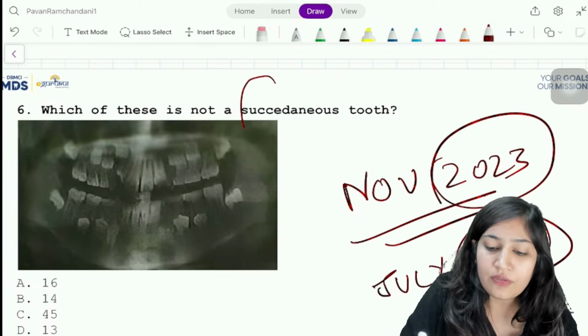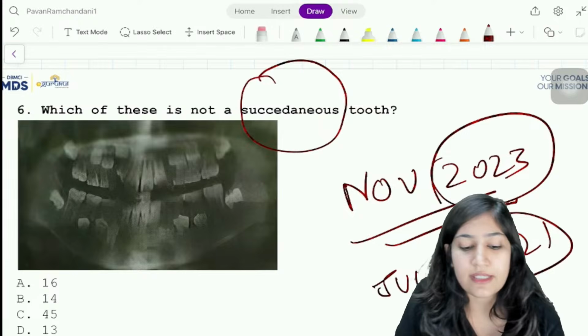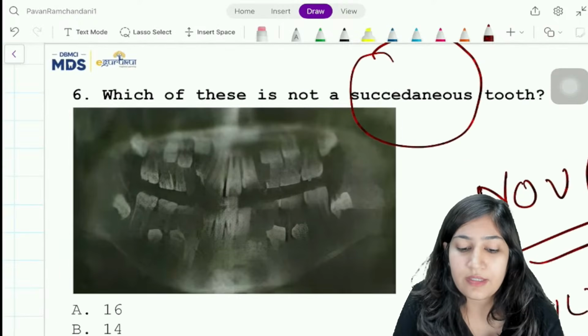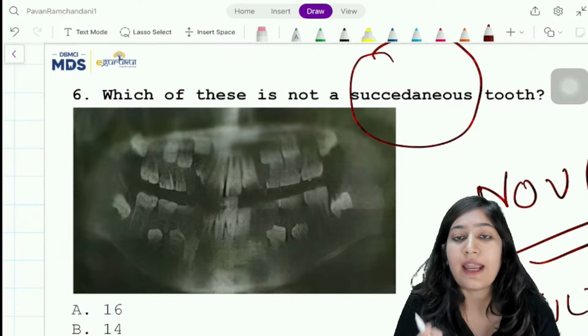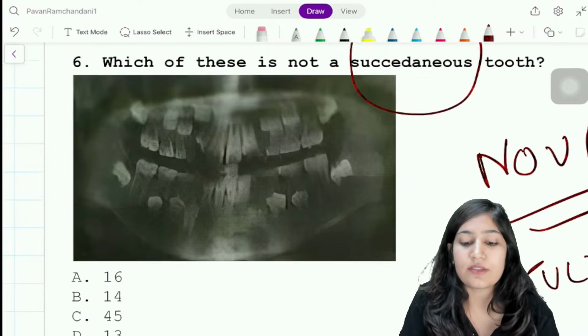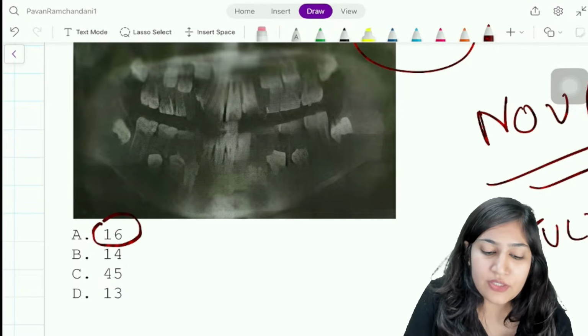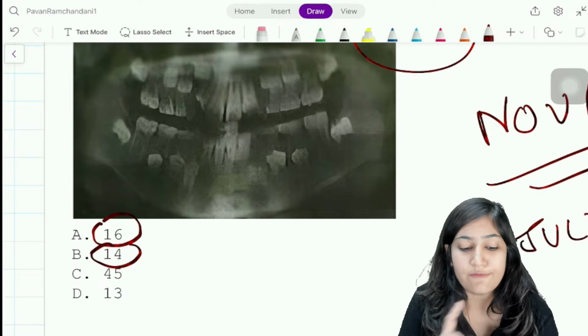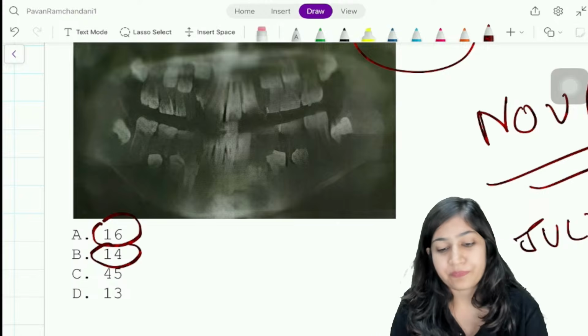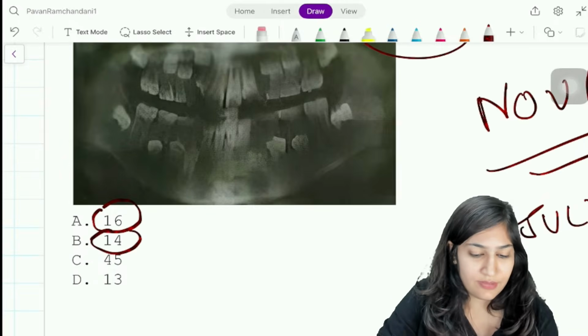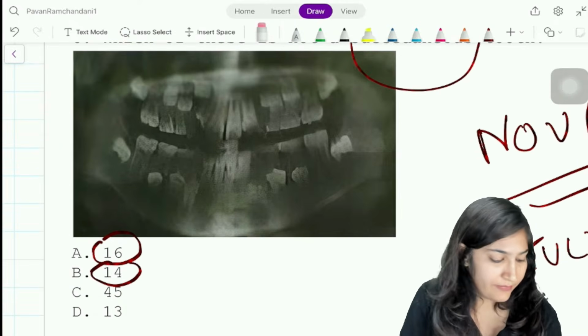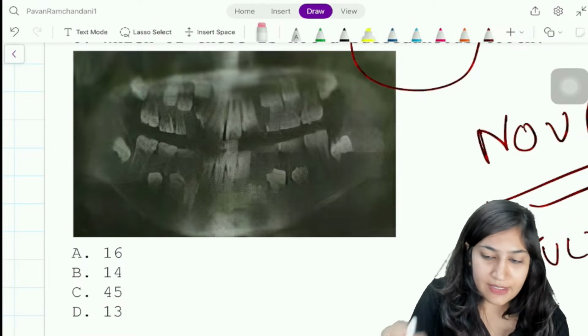Here an image is given and you have to identify which is not a succedaneous tooth. You can identify it without the image also based on the numbering 1-6, 1-4, 4-5, 1-3.